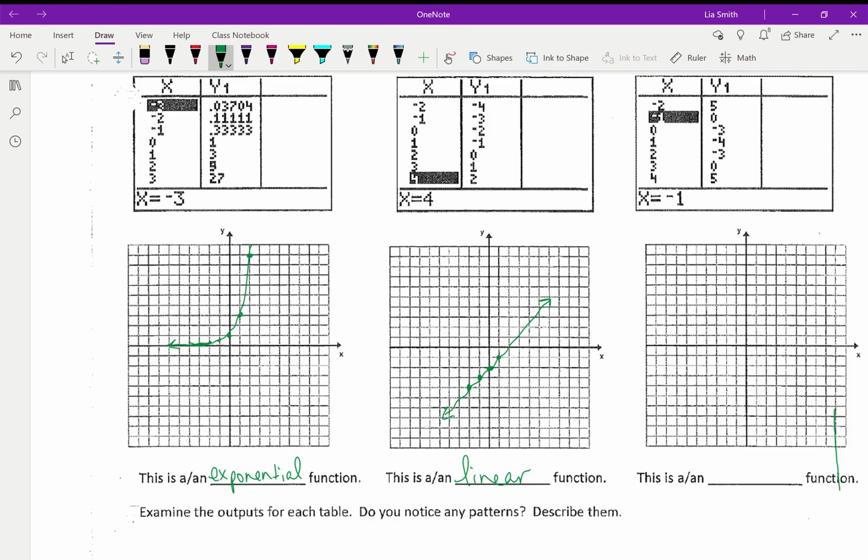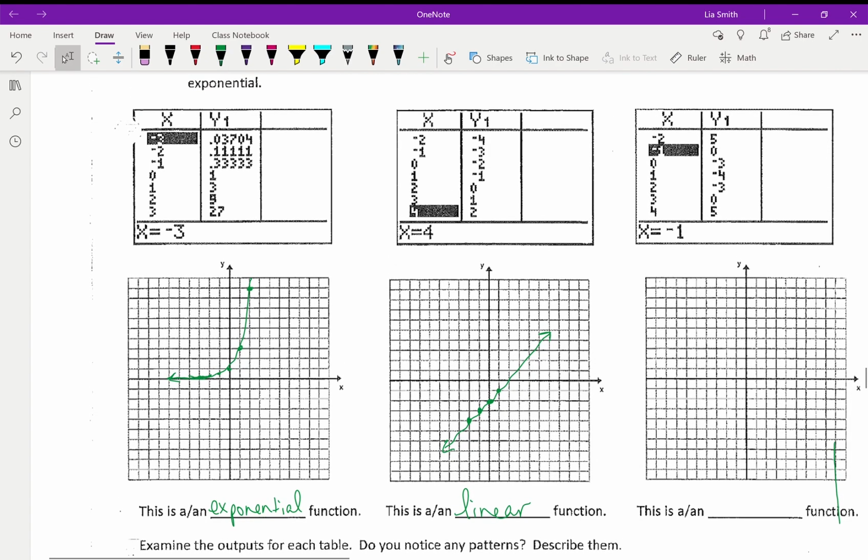Okay, finally we have our third one over here. So we've got -2, +5. Over 1, 2, up 1, 2, 3, 4, 5. Then we have -1, 0. Then we have 0, -3. Then 1, -4.